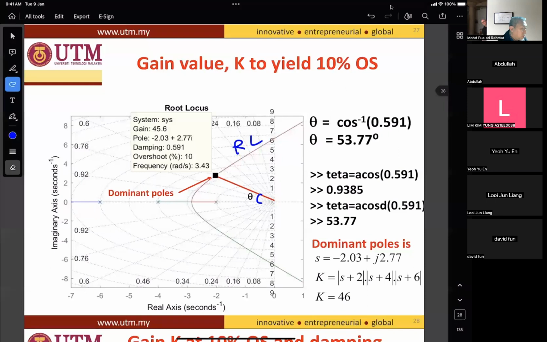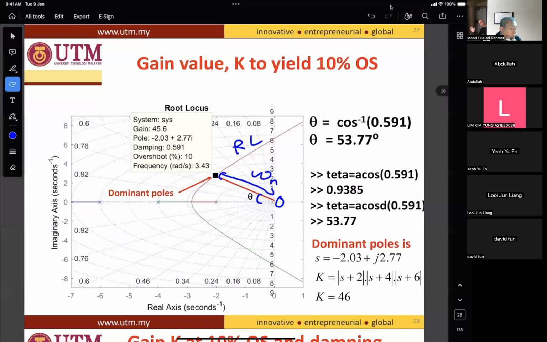From 0 to this point, this length is the omega n value, the length between 0 and the intersection point. So that's why if you are not given a plot, and you are just given overshoot, and then zeta, and then omega n, you still can find the dominant poles.